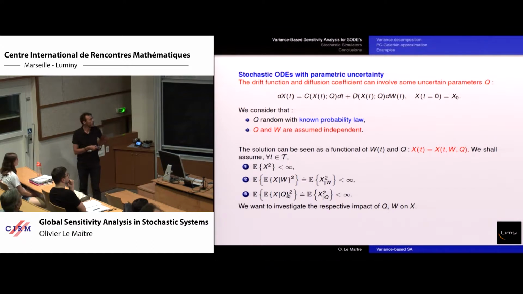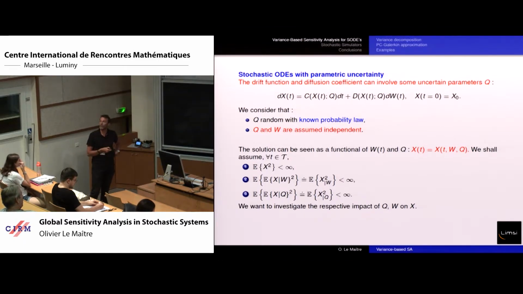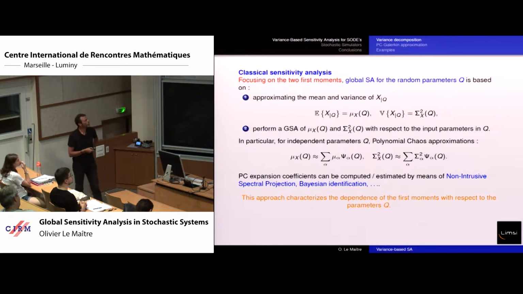Okay, and these equalities here are pointwise. And our goal is now really to investigate how the variability in X depends on the different sources of variability, which are the Wiener process and the parameter, and I want to separate these different effects and be able to draw some conclusions.